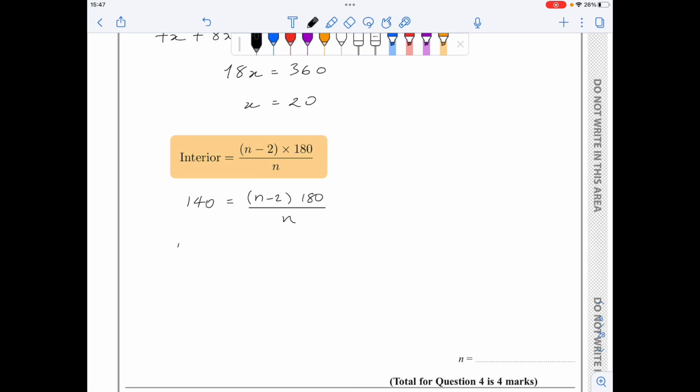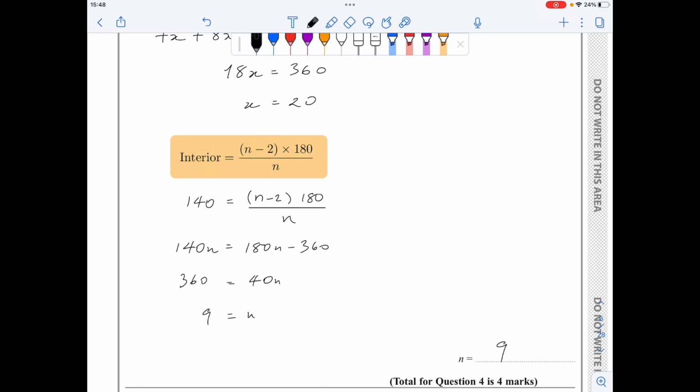Let's cross multiply and expand the right hand side. So 140n equals 180n minus 360. I will rearrange, get 40n on the right, 360 on the left, and if I divide, n will come out to be 9.